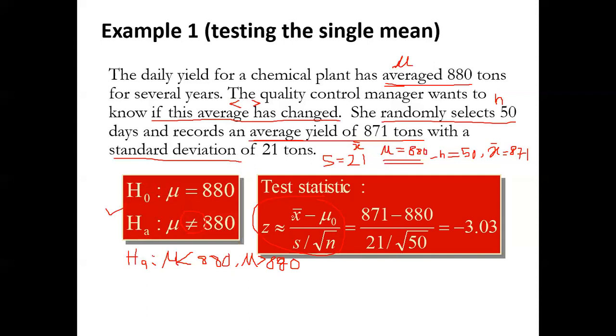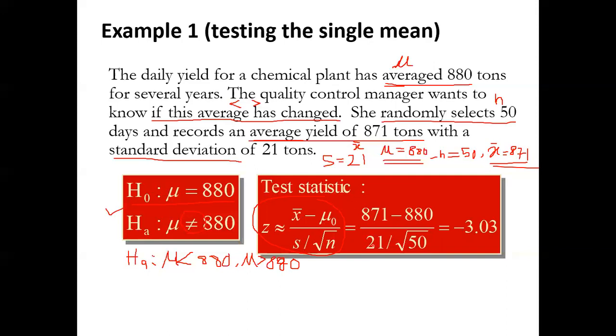Right, so the value of x bar here is 871, minus mu 0. Mu 0 is the null hypothesis, so mu for the null hypothesis is here, 880. So minus 880, divide by S, the standard deviation that has been given here, which is 21.